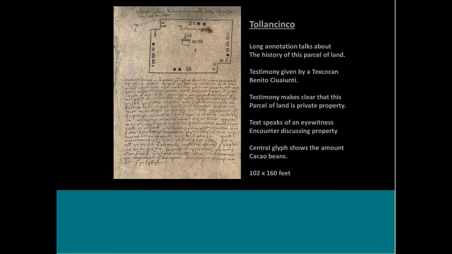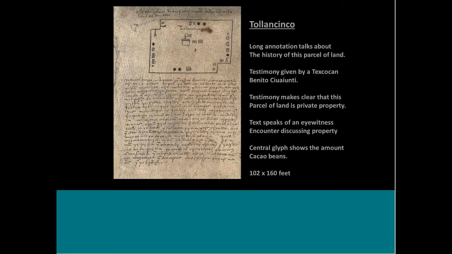The text speaks about eyewitness encounters that the person who is speaking, not the person who is writing, had. The person who is writing was most likely a cleric who wrote down this testimony on the map in Roman script. So this is phonetically sounded out testimony from this Texcocan Benito here.